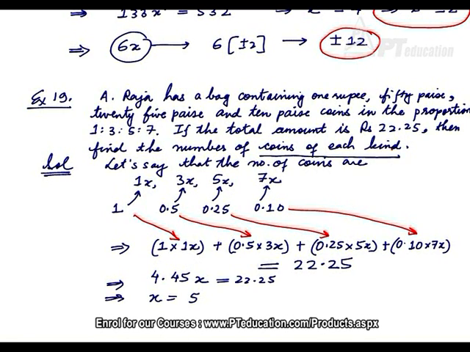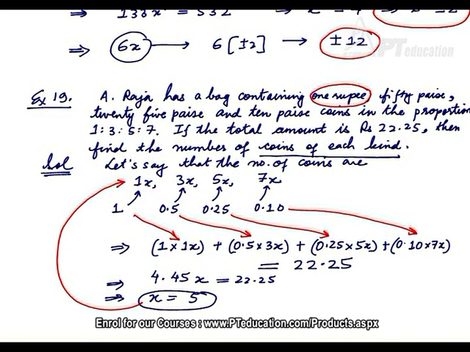Now once we know that x is 5, all we have to do is to put this value here and get all the answers. So the number of coins of 1 rupee denomination will be 1x, which will be 5. 50 paise denomination will be 3x, 5 into 3 is 15.